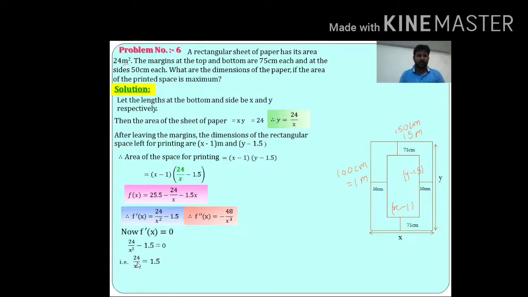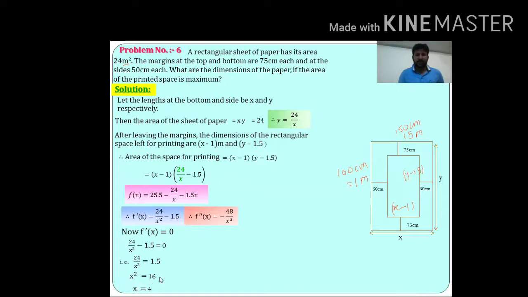We get 24 by 1.5. Check the calculation: 24 divided by 1.5 gives 16. So x square is equal to 16. The value of x is only positive 4, because length is always a positive quantity.